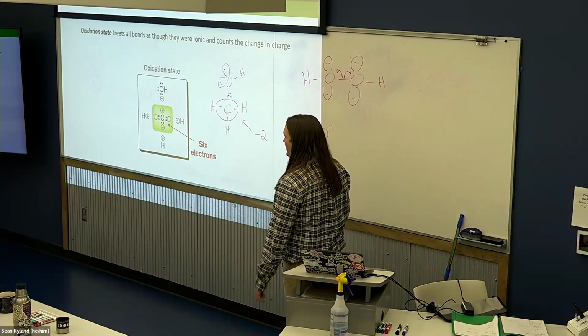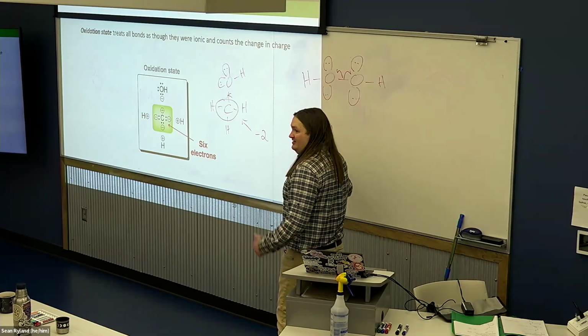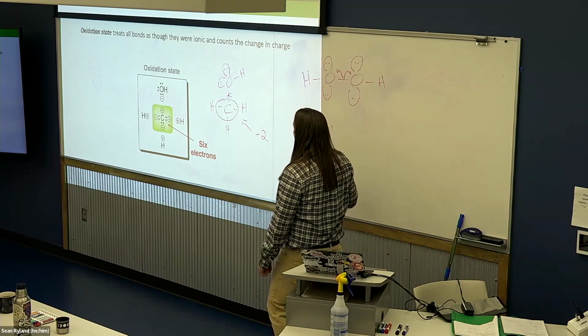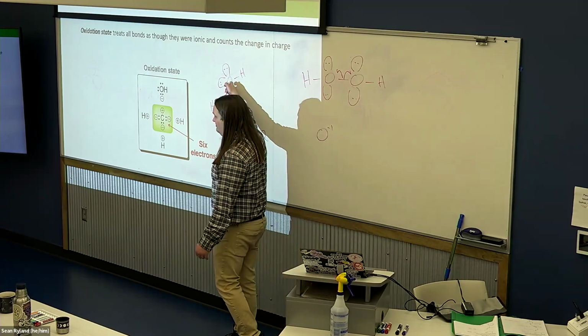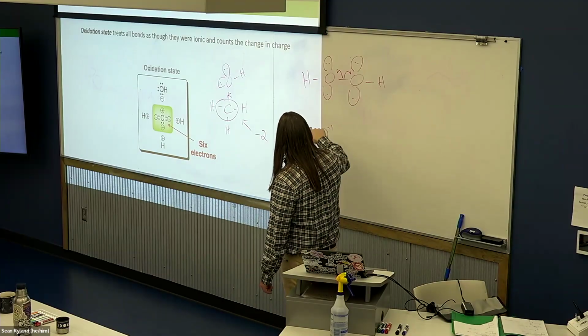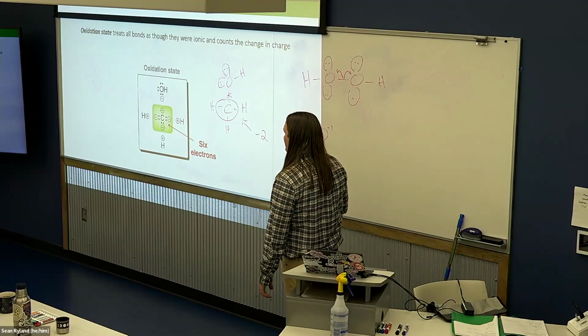So remember, electrons are negative. So it has one extra electron. That's not the same as it is when it's neutral, and it's also not the same as it is when it's really stable, which is -2. So peroxides are super reactive because the oxygen has an oxidation state of -1.